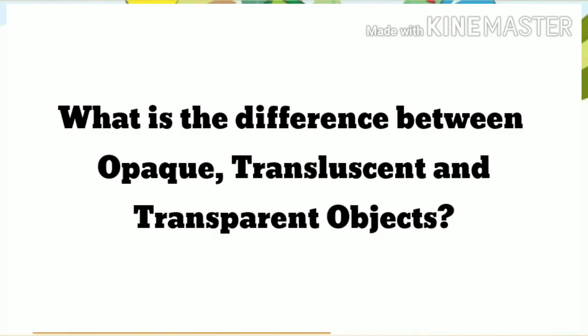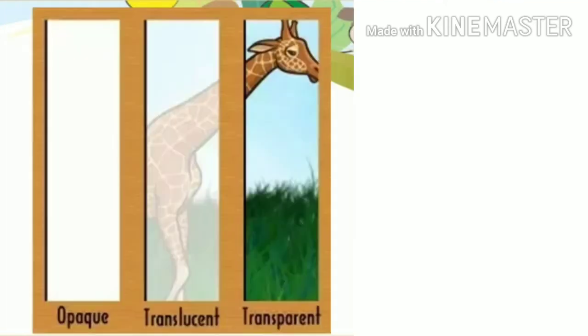So, what is the difference between opaque, translucent, and transparent objects? Take a look at this picture. In an opaque object, you cannot see the body of the giraffe. In a translucent object, you can partially see the body of the giraffe, and in a transparent object, you can clearly see the body of the giraffe.